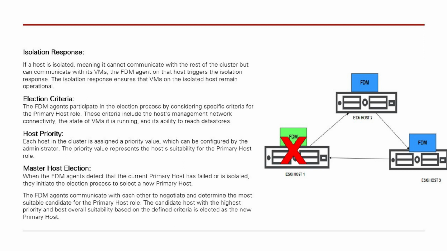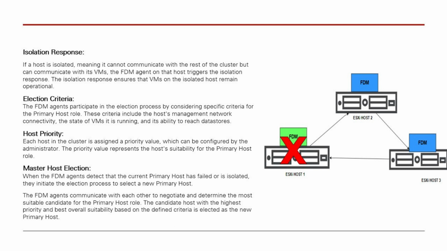Host priority. Each host in the cluster is assigned a priority value, which can be configured by the administrator. The priority value represents the host's suitability for the primary host role. Master host election. When the FDM agents detect that the current primary host has failed or is isolated, they initiate the election process to select a new primary host.